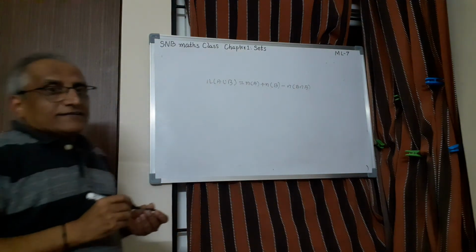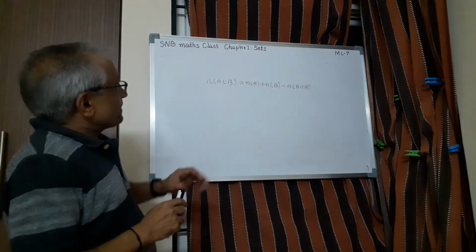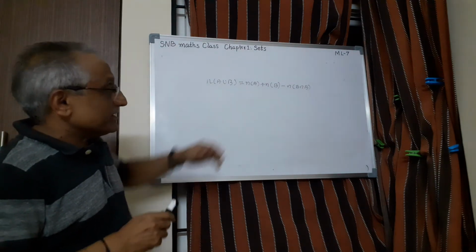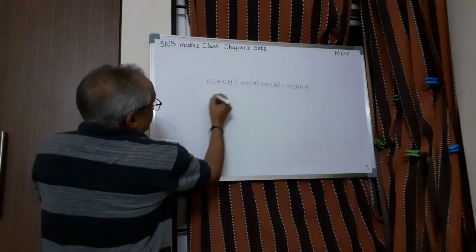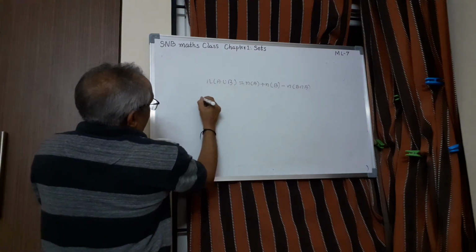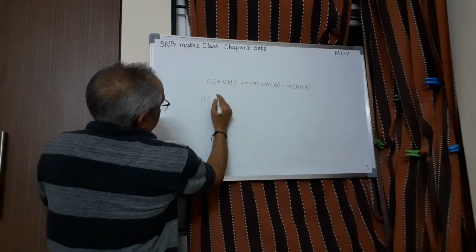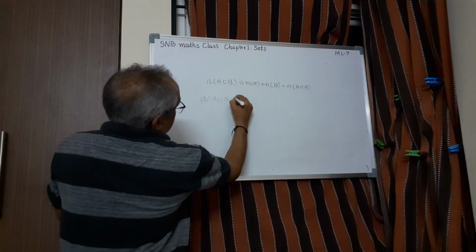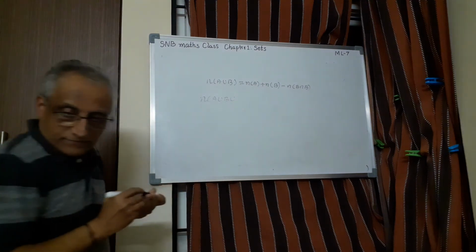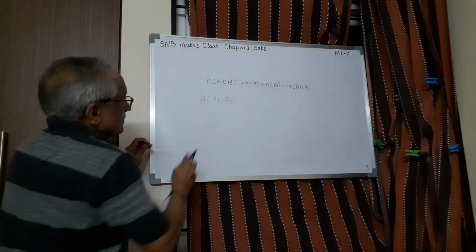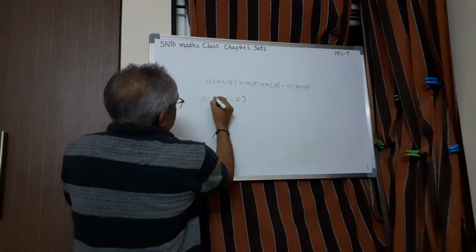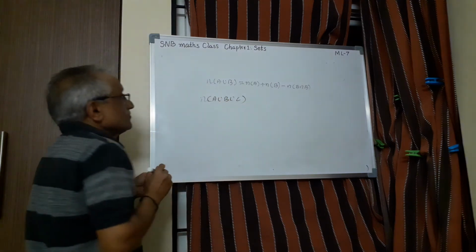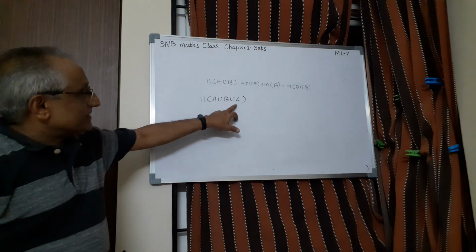In the next class, let me show you how this can be extended further. For example, instead of A and B, suppose there are three sets. I want to find number of A union B union C. How to get the formula when there are three sets?